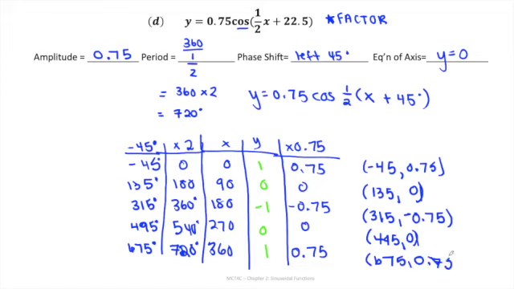Sorry, my pen is now not working for some reason. Okay, so those are your new points. Make sure you copy this table out and copy out your points, and then you can start to graph.